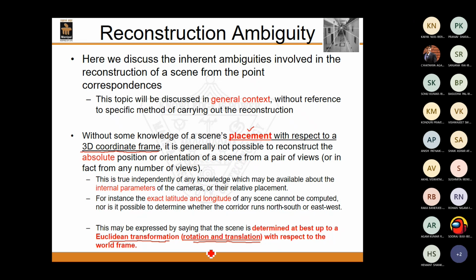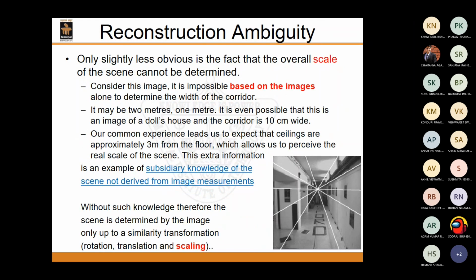If we apply a Euclidean transformation, we will get the actual values with respect to the world frame. So the kind of transformation that exists between the reconstructed scene and the actual scene is a Euclidean transformation, if you are considering the reconstruction ambiguity with respect to placement alone. Okay, but you also see that it is not just placement, but you also may have an ambiguity with respect to the scale of the structures which are present inside the reconstructed scene.